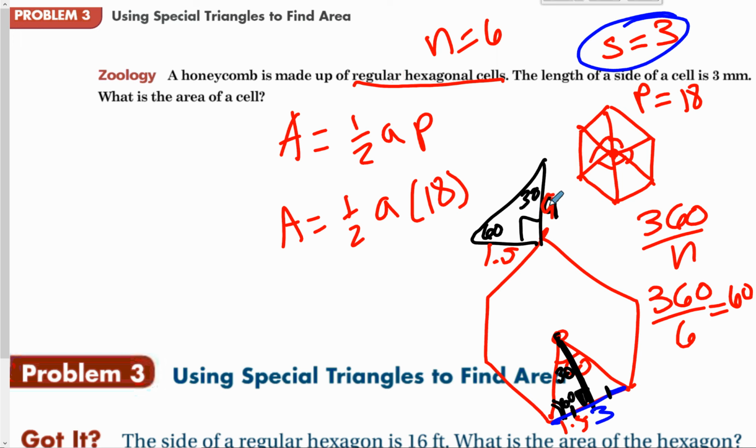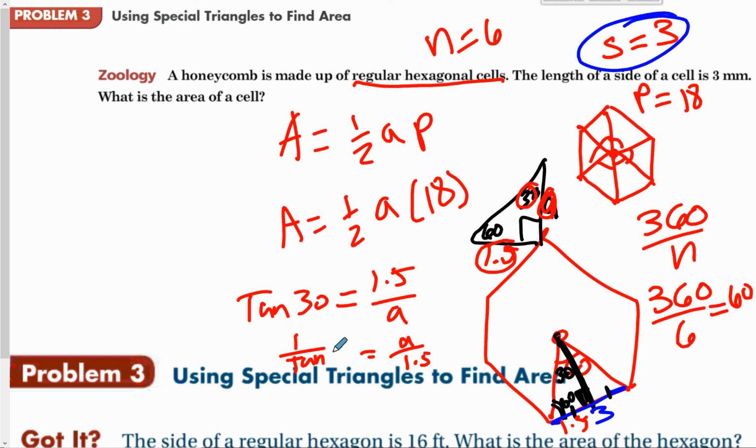Well, can I use either opposite if I'm talking about the 30 and adjacent, which is tangent? So can I use tangent of 30 equals opposite over adjacent? And I could flip that fraction and have 1 over 1.5 equals 1 over tan of 30.